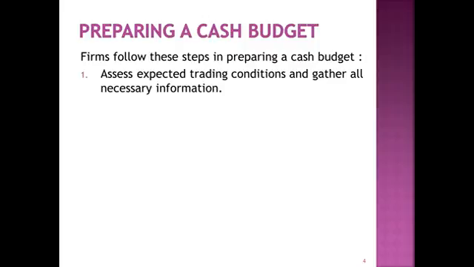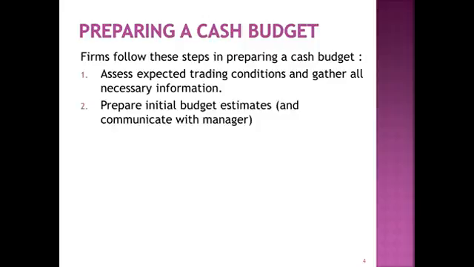First of all, they assess all expected trading conditions and gather all necessary information. Second, they prepare the initial budget estimates and communicate with the manager. Parts 1 and 2 are usually done by the staff in conjunction with their departmental manager, and they can communicate that upwards.